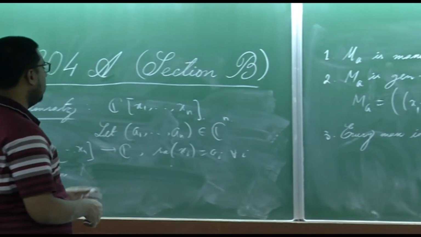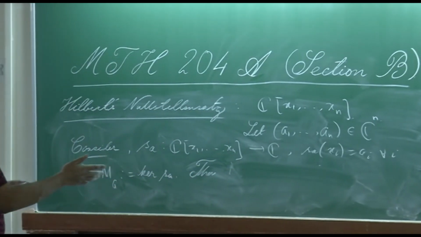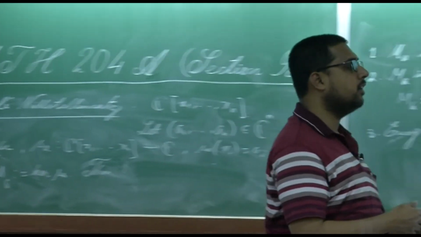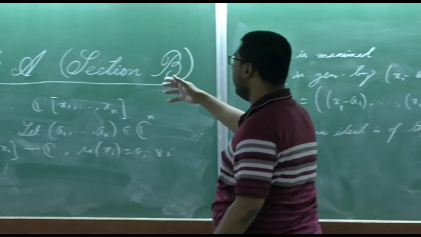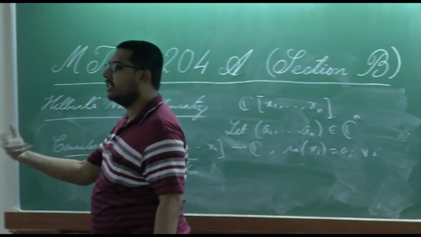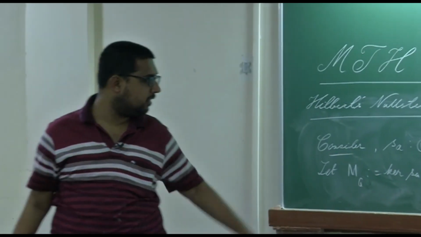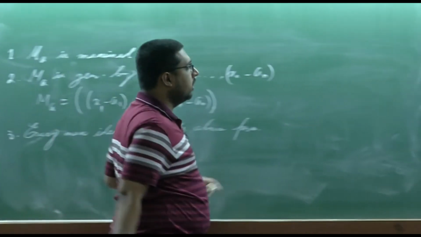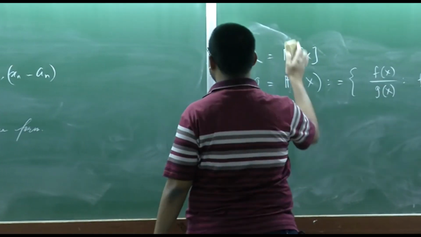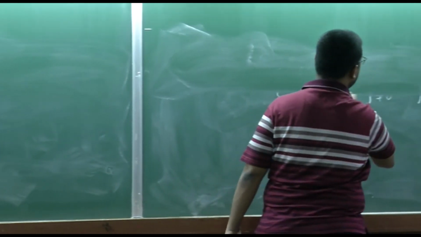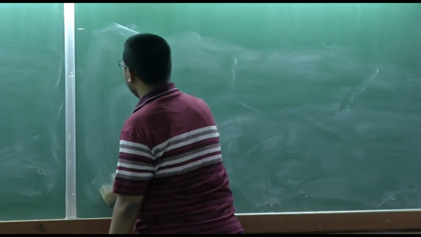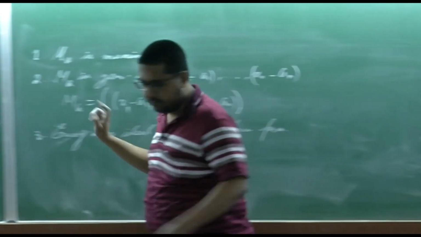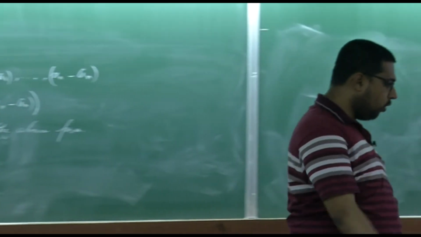So, as I said, Hilbert's Nullstellensatz establishes an important connection between the ideals of this polynomial ring and the points in C^n. And then we will use this theorem to see more important connections. So first let me give a proof of this.